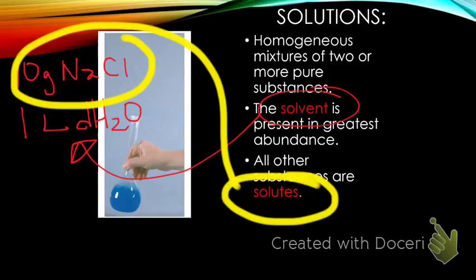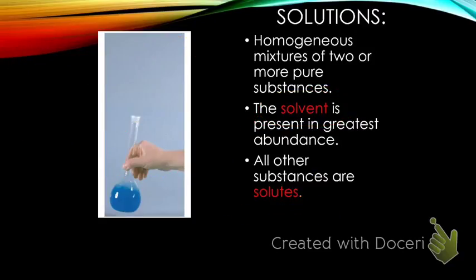In this picture here, we have a solution of copper nitrate. Even though it's brightly blue, you have a small amount of copper nitrate that's dissolved in water. So water again would be the solvent, and the copper nitrate is the solute.